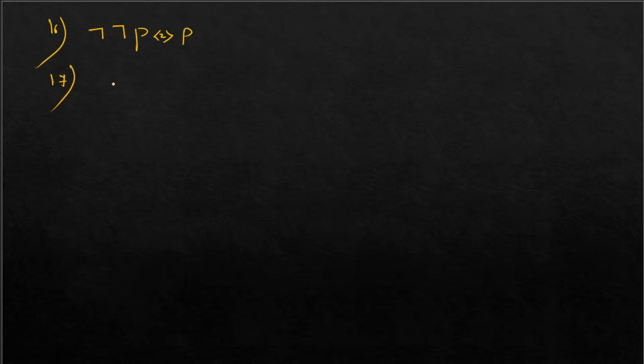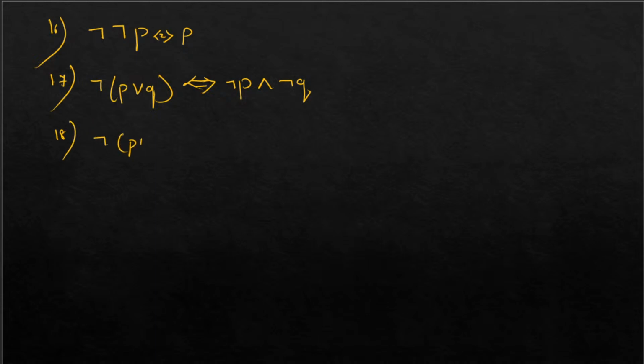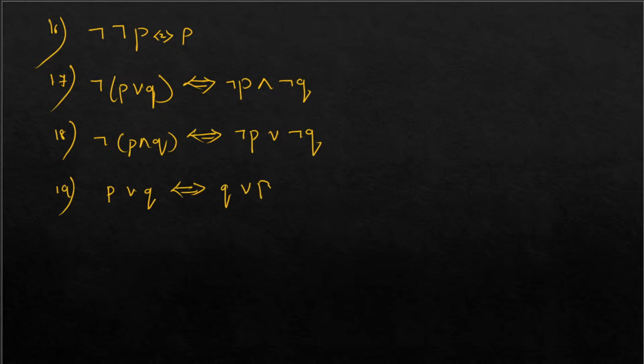The 17th is negation of p or q. So this is negation p and negation q. The 18th is negation of p and q, which equals negation p or negation q. The 19th is p or q equals q or p, because it follows the commutative property.